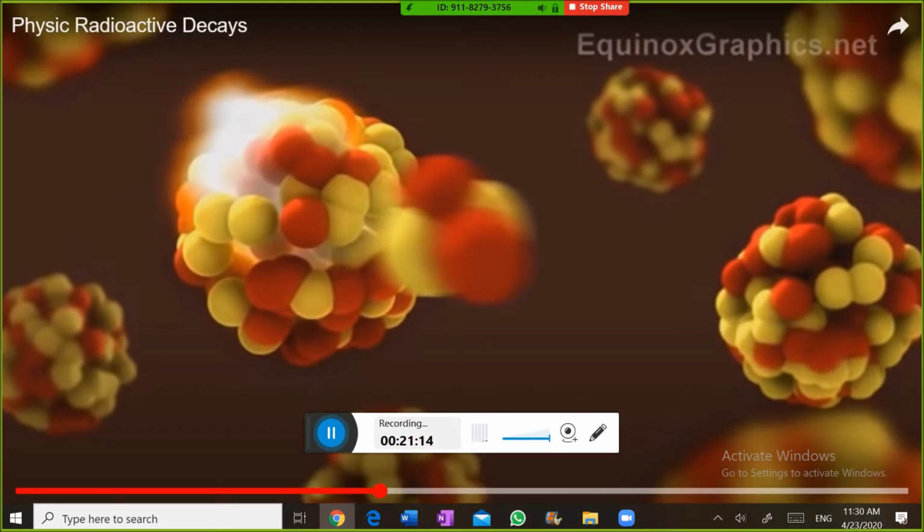Here, if you can see, these are unstable nuclei. This is a simulation. The red spheres represent protons, while yellow spheres represent neutrons.